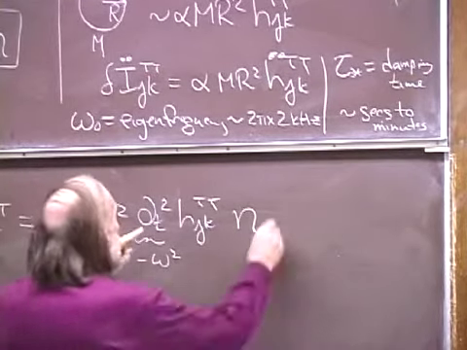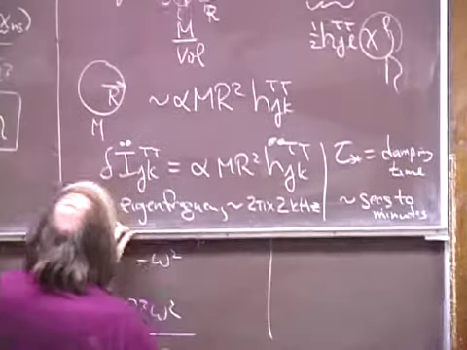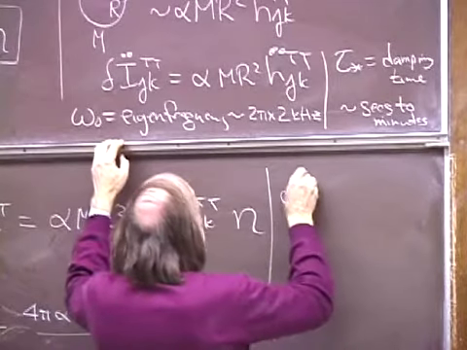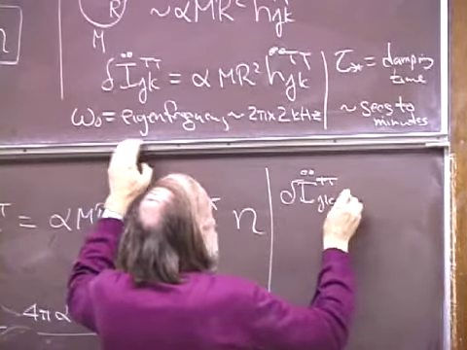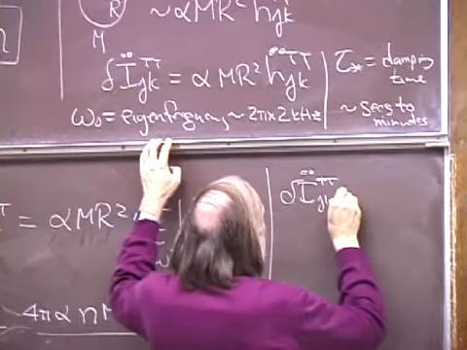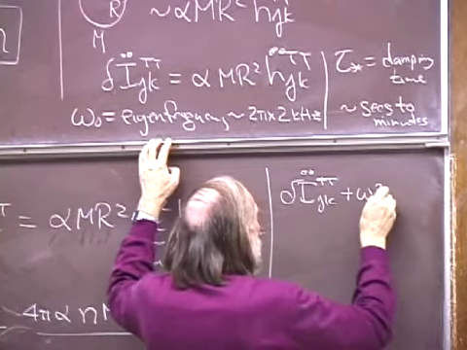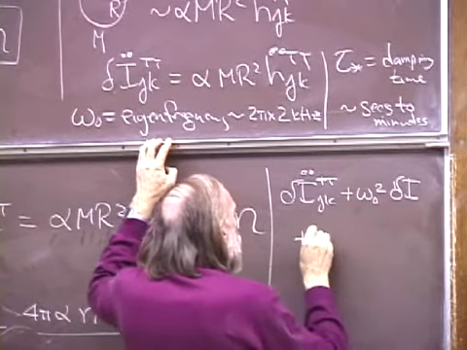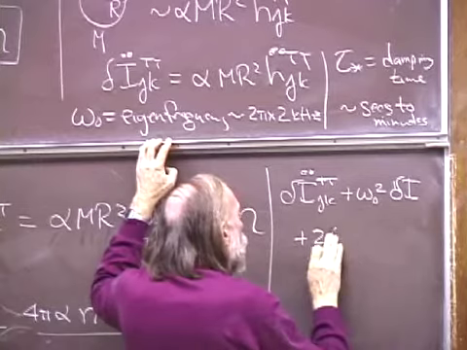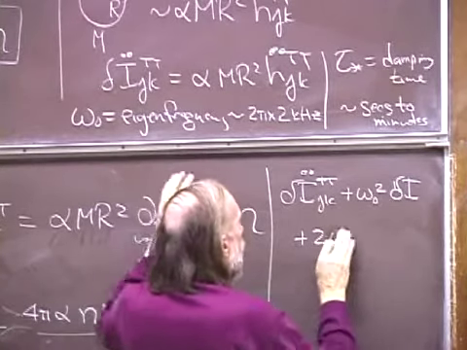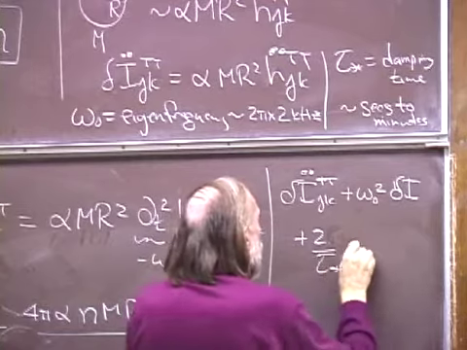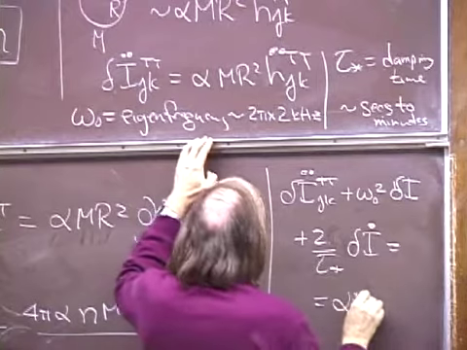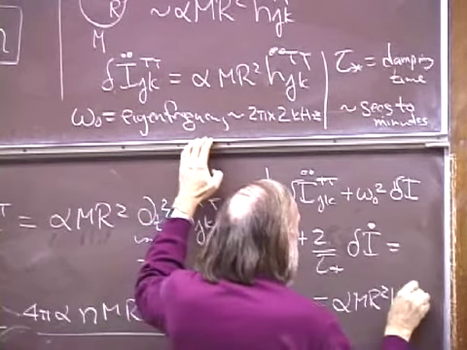And what that means is that instead of having a wave equation that has this form, you have delta I double dot transverse traceless plus omega naught squared delta I plus 2 over tau star delta I with one time derivative is equal to the thing on the right hand side, alpha m r squared h_jk TT.